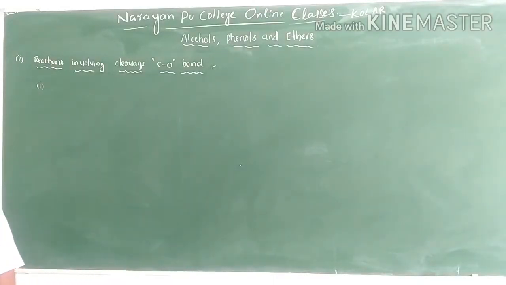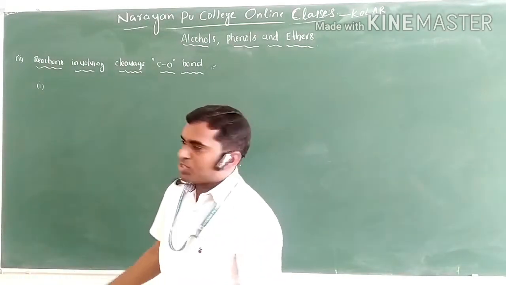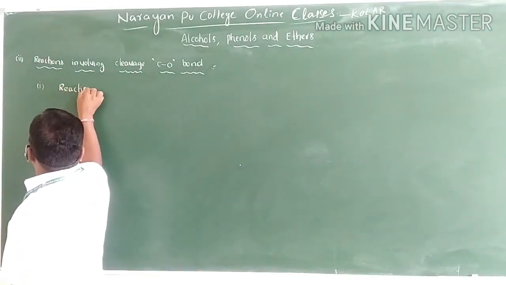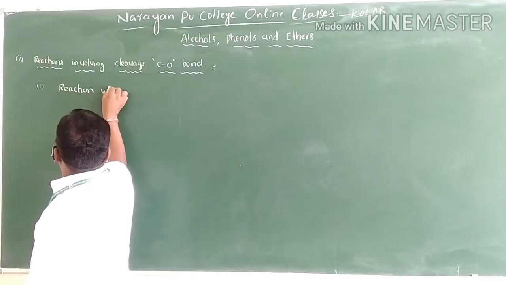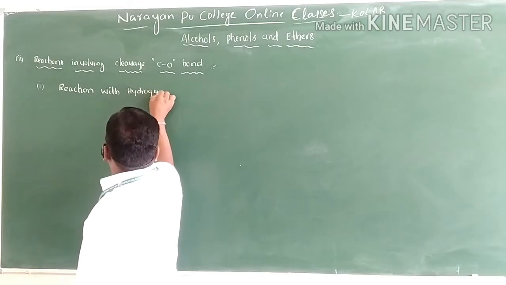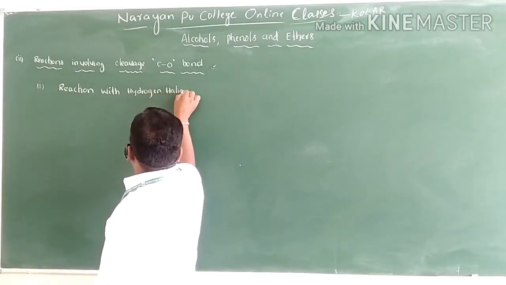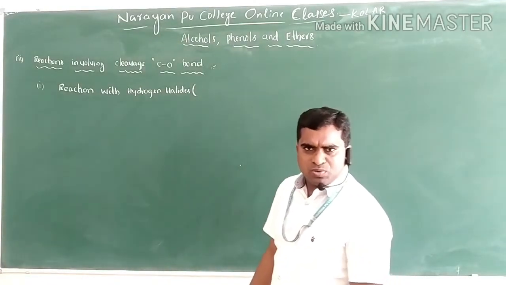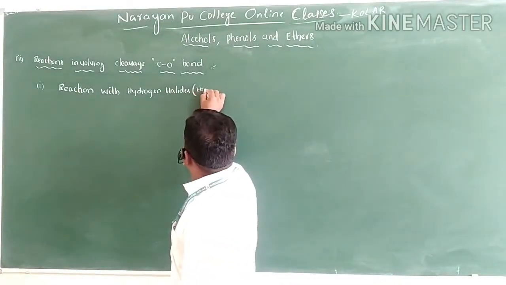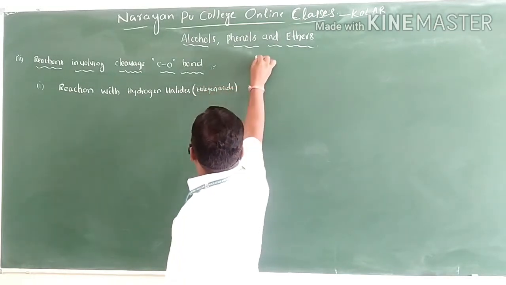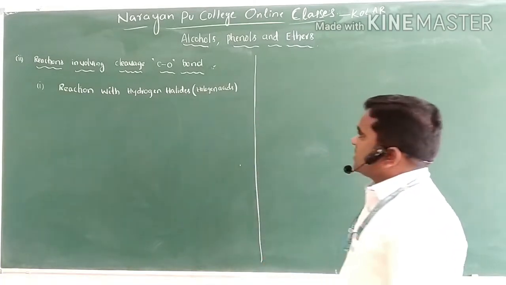The first one is the reaction with hydrogen halides, or you can simply say halogen acids also. This we have already discussed in haloalkanes and haloarenes.